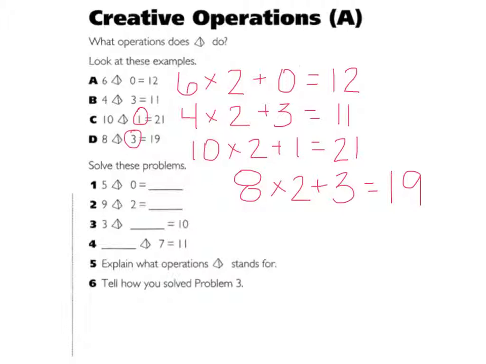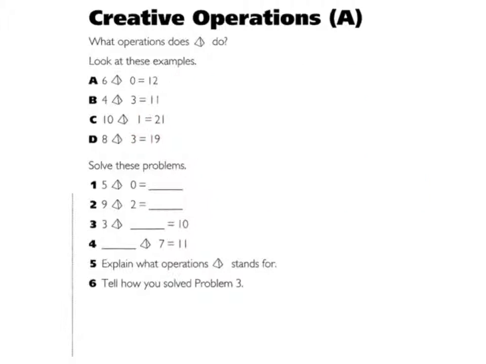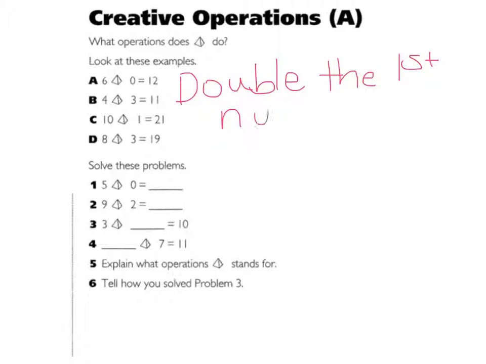Let's now look at the ones on the bottom and see if we can't solve those. I'm going to write our rule right up here just so that we have it to look at. So we're going to double the first number and add the second number.